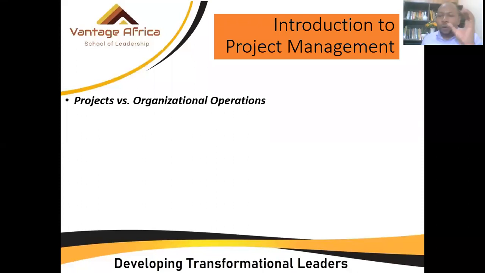So we have on one side what we call project, and on the other side, organizational operations, okay? Is it possible for you to differentiate the two? Before we differentiate the two, let's look at some of the similarities between organizational operations and projects.